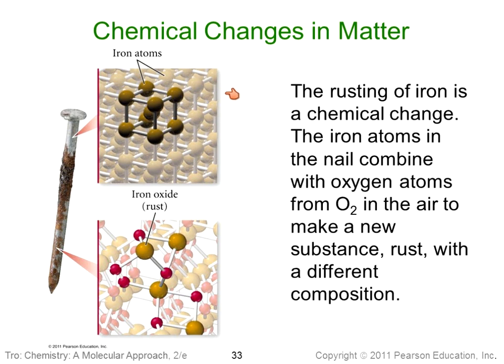Versus in a chemical change, if you look at iron, you have this composition, but when it rusts, oxygen atoms come in and we get a new structure. We get a new type of substance, which is what's involved in a chemical change.